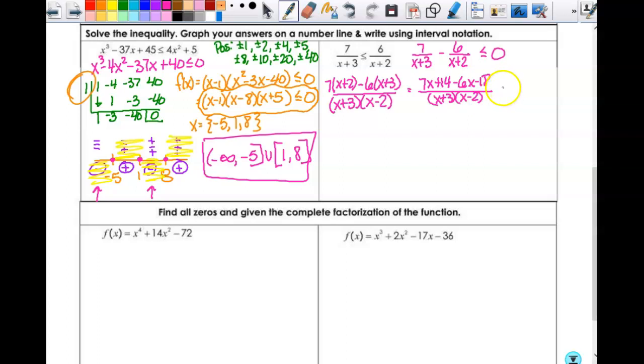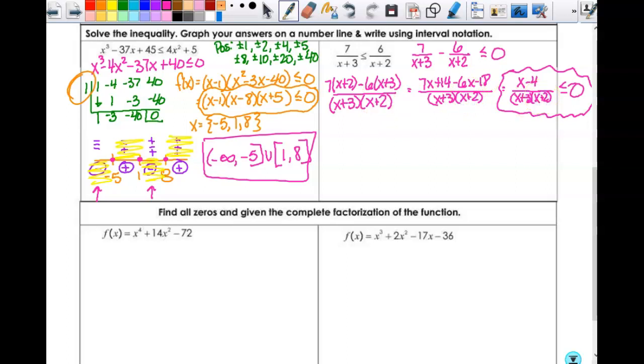Then I clean that up some more, and I'm going to get x minus 4 over x plus 3 times x plus 2, and that is going to be less than or equal to 0, because I can't lose the fact that I have an inequality here. This is what I'm using in my inequality. Oh, shoot, I keep writing minus 2 instead of plus 2.